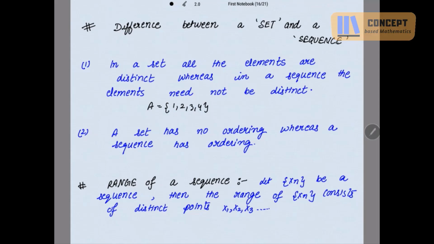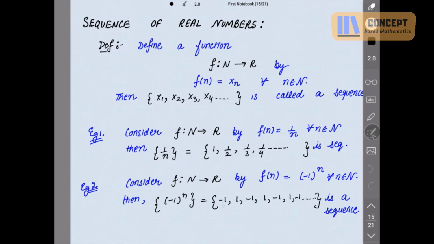Whereas in a sequence, the elements need not be distinct, right? The elements can be repeated like we have done in this example. But if you make the set for minus 1 and 1, then your set will contain only minus 1 and 1, only these two distinct elements. This is your set.